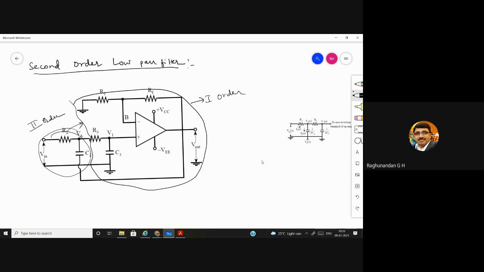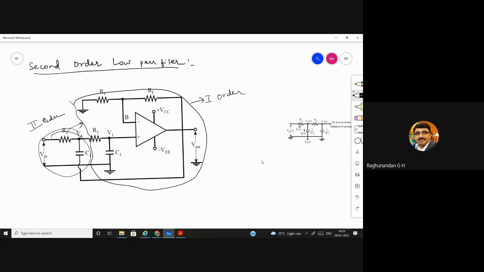And if you analyze with respect to the ideal frequency response, it is almost matching with that, because in ideal frequency response, once you meet the higher cutoff frequency, suddenly the gain should become 0.